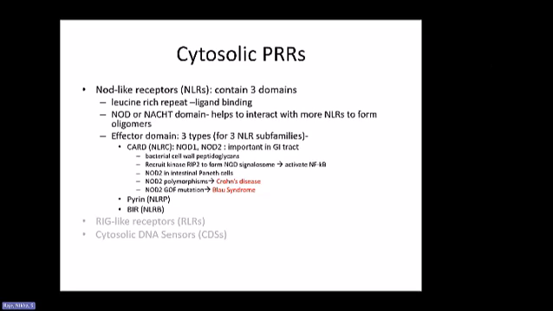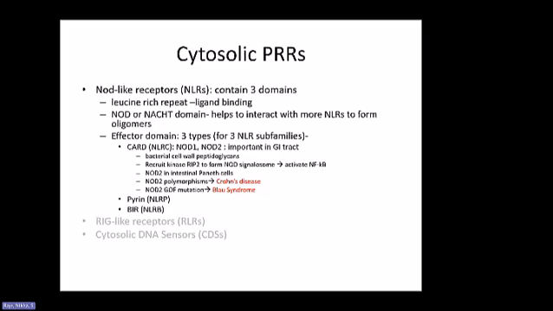So not one or two, but a few of those NLRs come together to form a structure. And then there is a third domain called effector domain, which can be different types. It can be C, so NLRCs, NLRPs, or NLRBs. So CARD domain, pyrin domain, or BIR domain. All of these nod-like receptors have two common structures, right? Leucine-rich repeat, which helps in binding of the ligand.